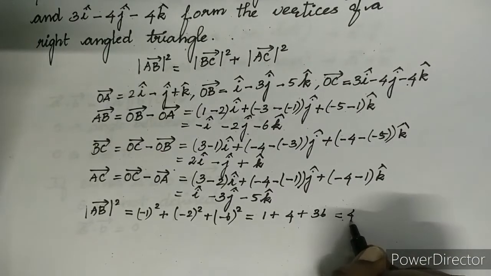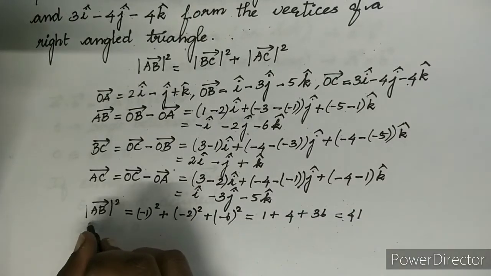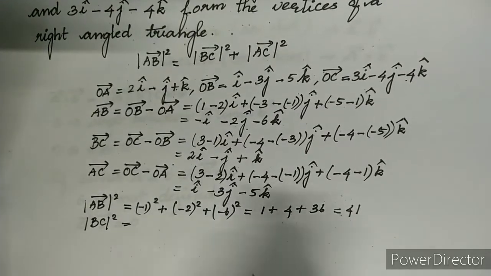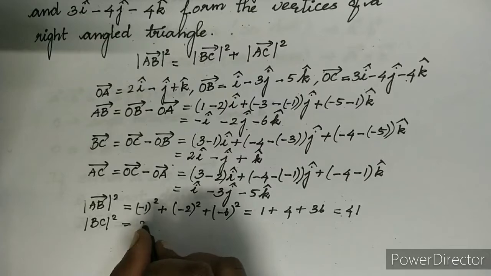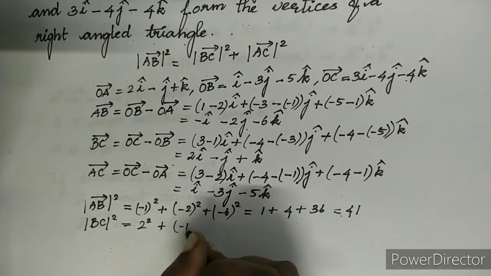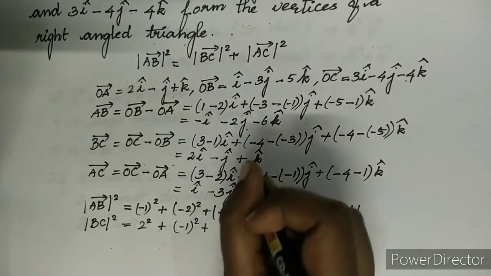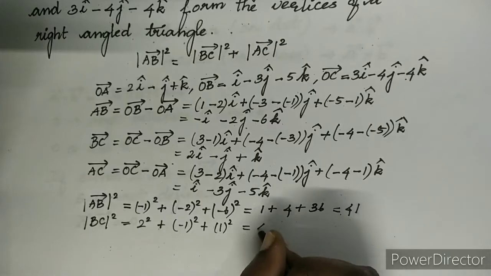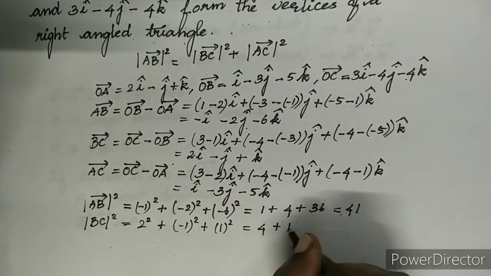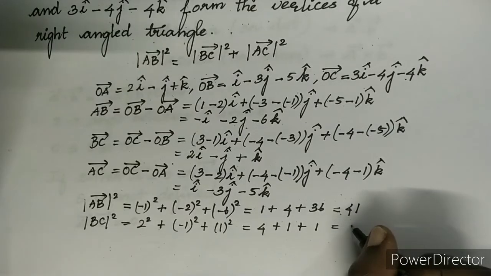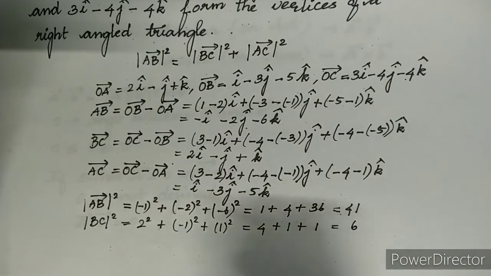Magnitude of BC vector square is equal to 2 square plus minus 1 square plus 1 square, which is 4 plus 1 plus 1, which is 6.